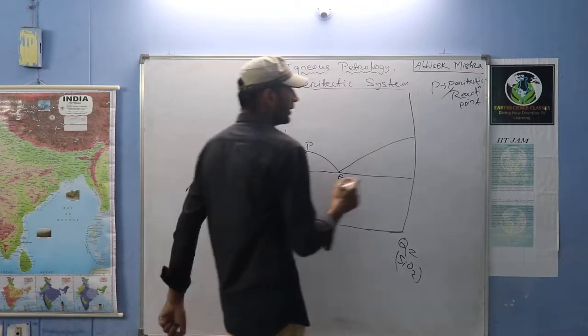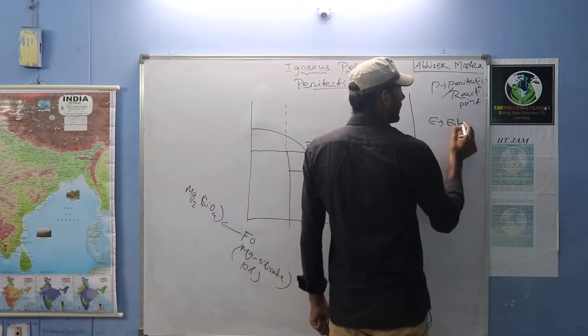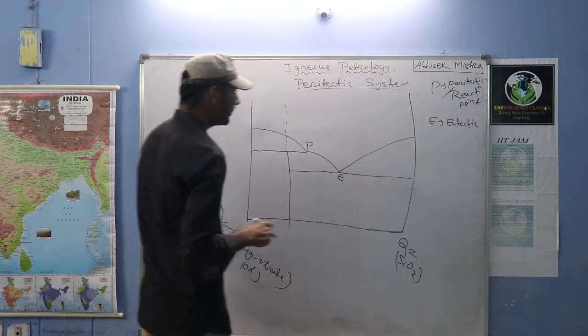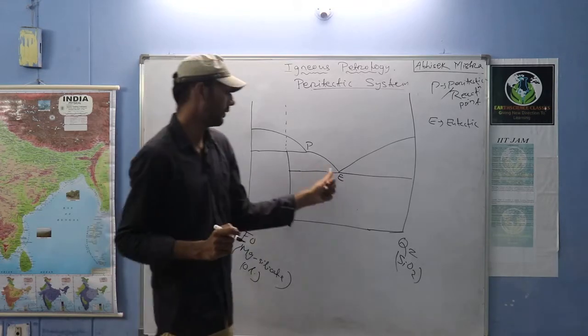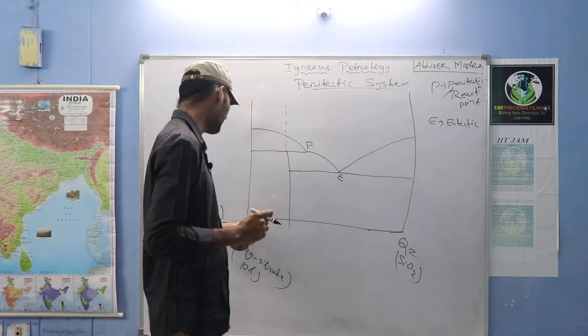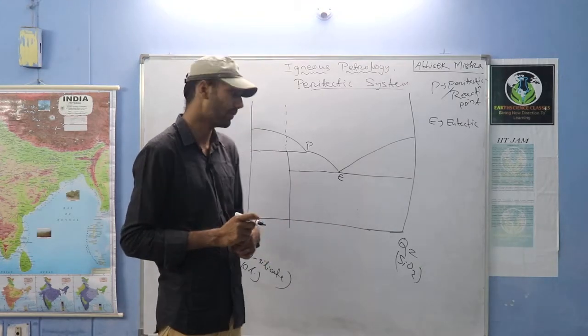Then E is your eutectic point. Eutectic means, as I have already told you in the eutectic system, the point where there will be simultaneous crystallization of these two endpoints.